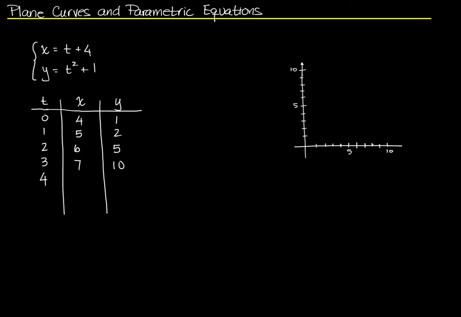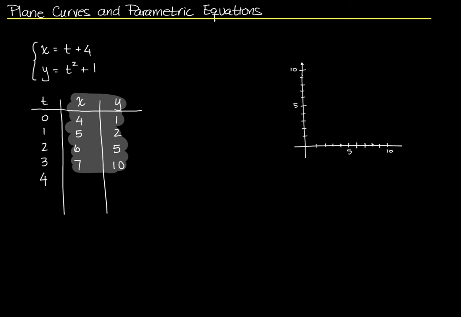All right, now I'm going to plot these points, but the points that I'm going to plot are these ones. The t value is how I got those points, and the t value is going to inform my final graph in that I'll have to refer back to it to figure out where I started, which direction I'm going, and so on. But once I have my points, the actual job of plotting them is just like plotting points on a regular old-fashioned graph of x and y.